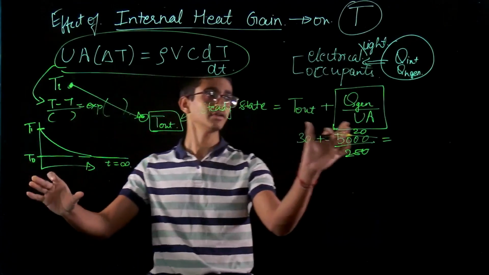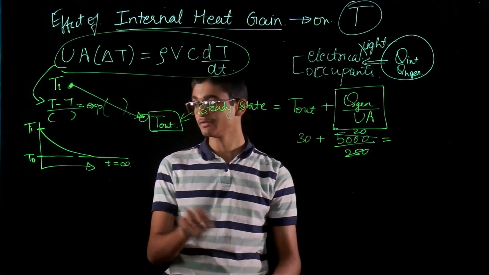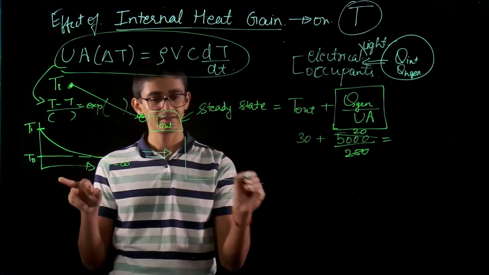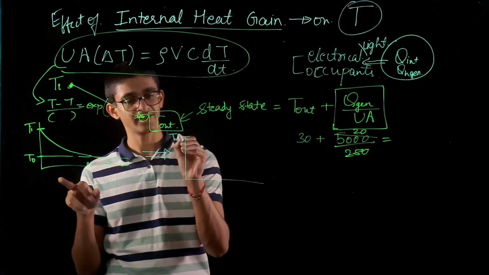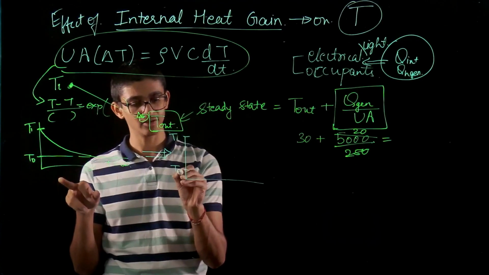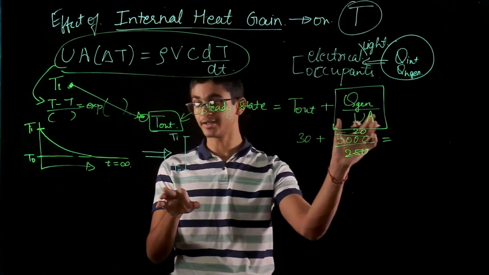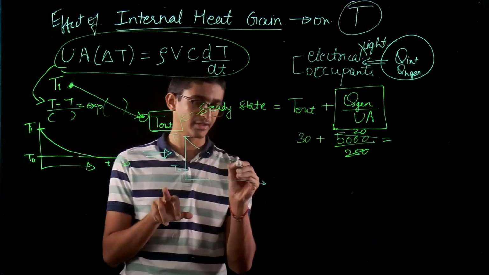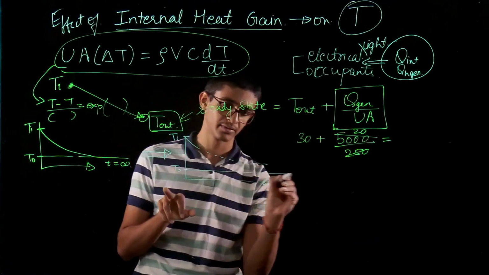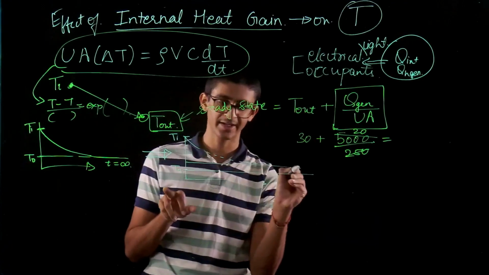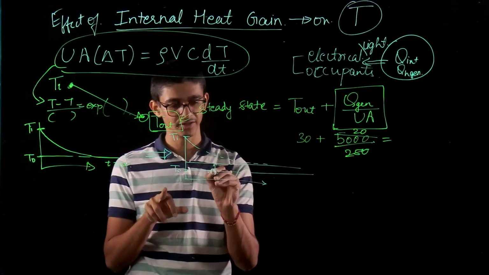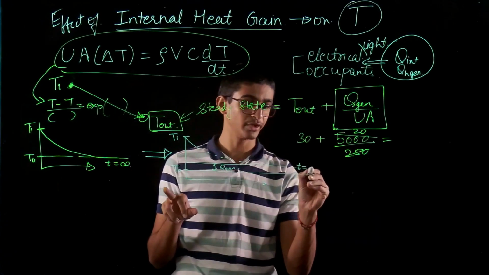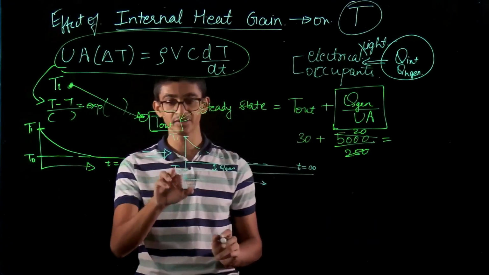But if I have heat generation happening, this will not be the case. What will be the case now is, my building starts at temperature Ti, my outside temperature is T out, but there is an internal heat generation which is happening. The extra factor makes it like that. So this is the extra contribution which is coming from heat generation. So even at t equal to infinite, my building will not reach T outside.